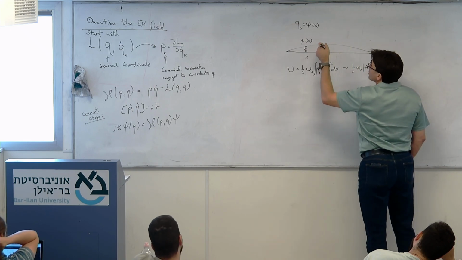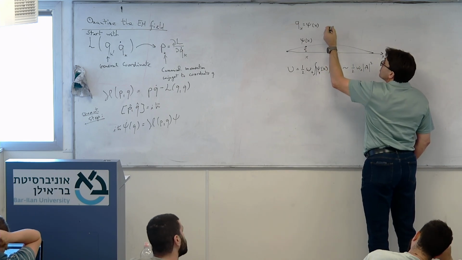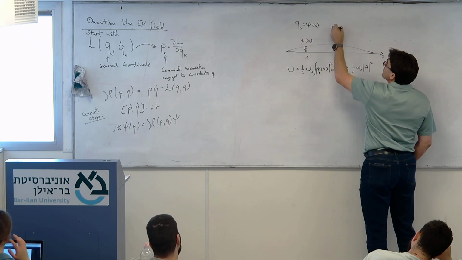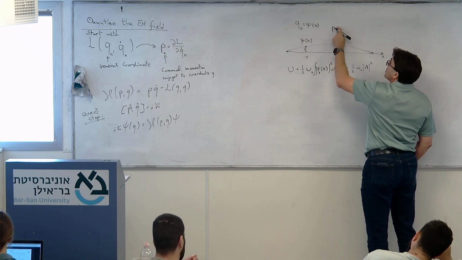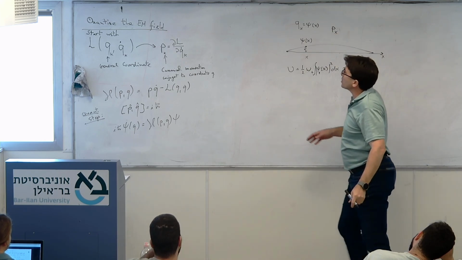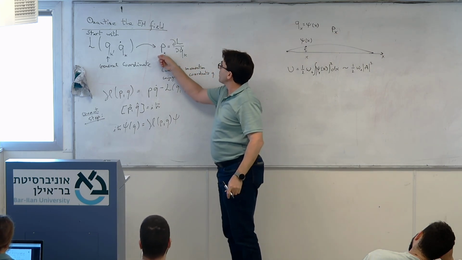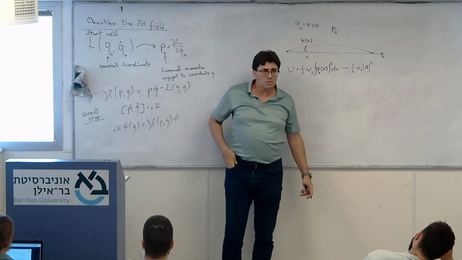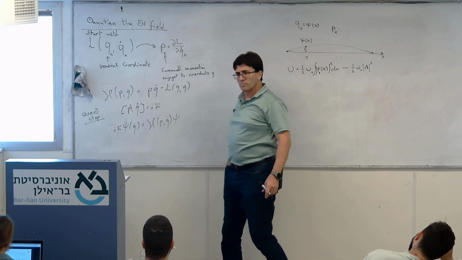And what is p of x, where x is like an index? It's exactly like I told you before, there could be many such coordinates, and they would have an index.